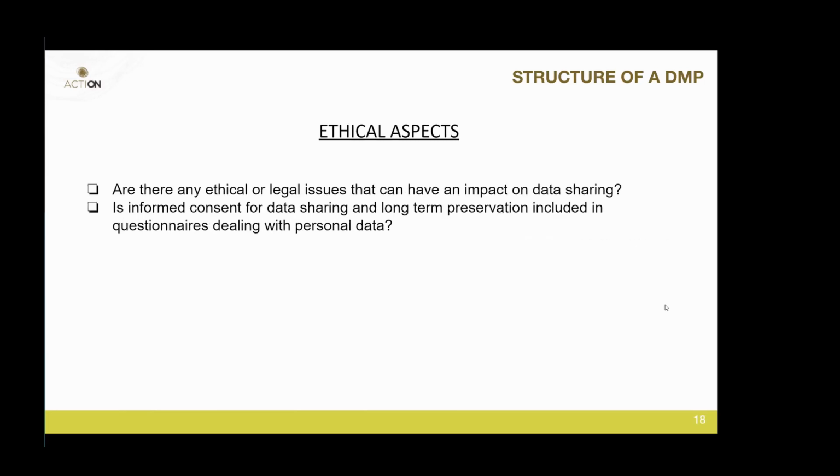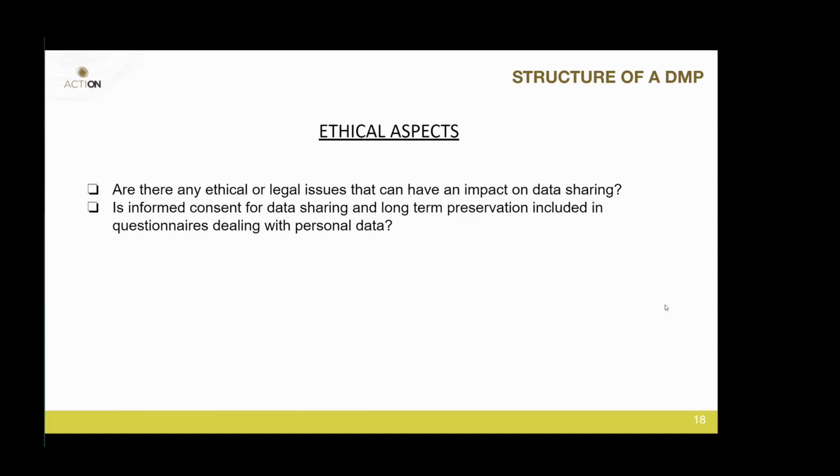Okay, that's fine. Ethical aspect. Again, if you manage any personal data or sensitive data, you have to specify here the treatment that you are going to do with this data. Basically, if you are going to anonymize this data, or if you are going to remove some personal data before publishing your data sets, all this kind of information you have to reflect in this section.